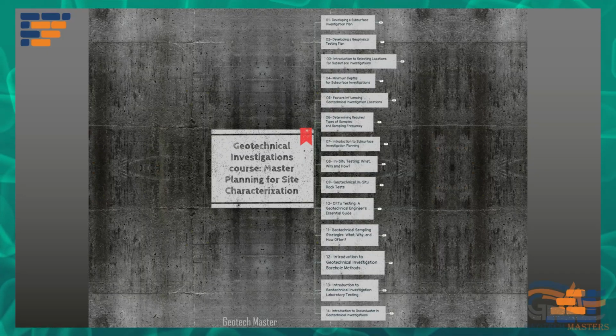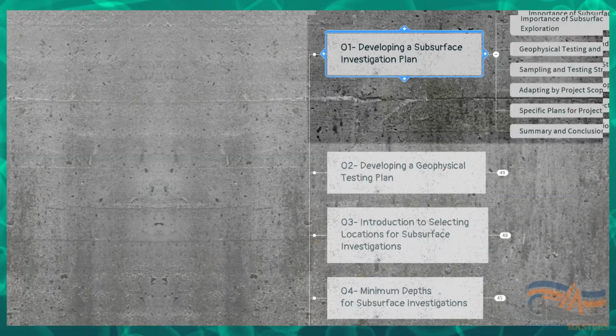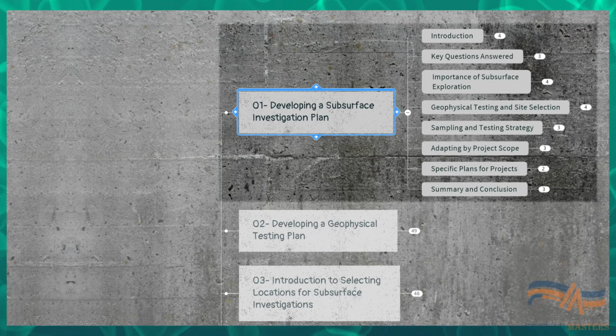Let me give you a brief overview of what we'll be covering. Episode 1, Introduction to Developing a Subsurface Investigation Plan. Here, we'll lay the groundwork for this series by discussing the key steps in creating a robust investigation plan, the factors that influence its scope, and how to ensure we collect relevant data to minimize uncertainties.